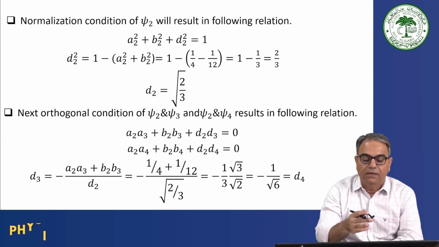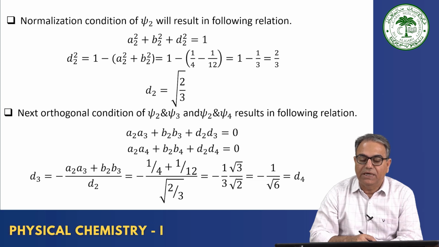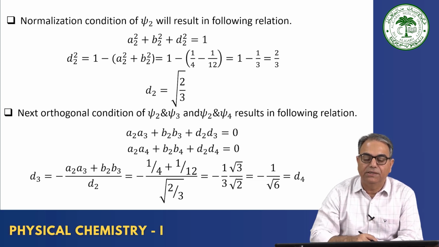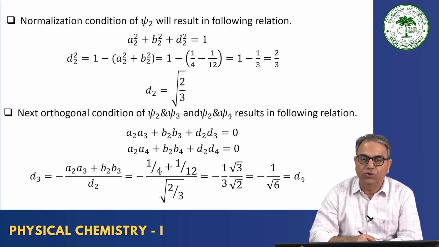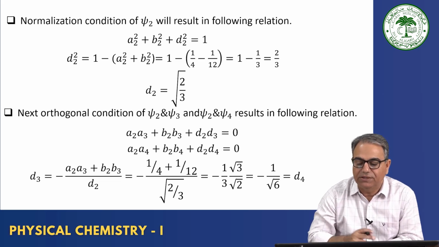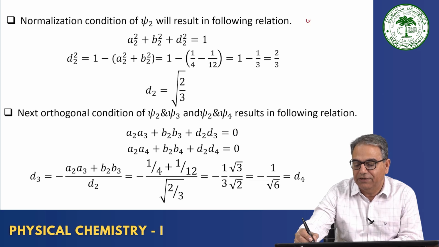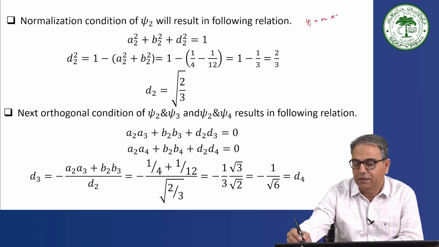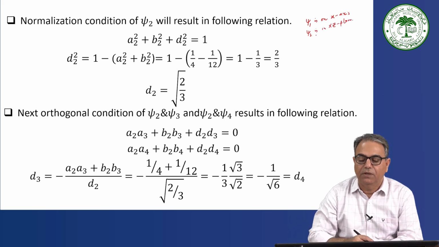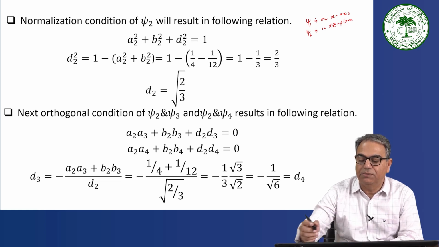Then if C2 is equal to 0, then for psi 2 you can write A2 square plus B2 square plus D2 square, because the normalization condition is this one, and C2 you have taken 0 because you have fixed it. So the first assumption was that psi 1 is on the x-axis, and the second assumption is that psi 2 is in the xz plane. And if it is in the xz plane, then C2 becomes equal to 0.